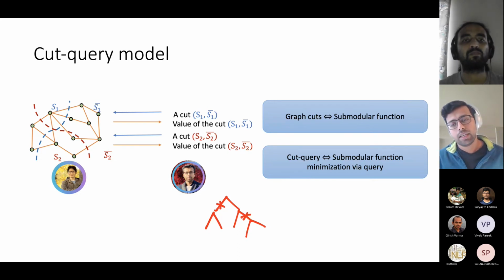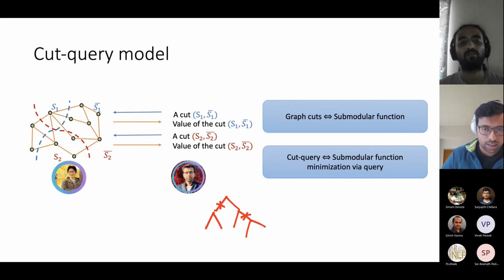What I'm going to give you now is a coloring of the vertices between red and blue. If I just give you a coloring of the vertices, that gives you a cut, right? Because the red vertices are going to be on one side and the blue vertices on the other side. That uniquely defines a cut.